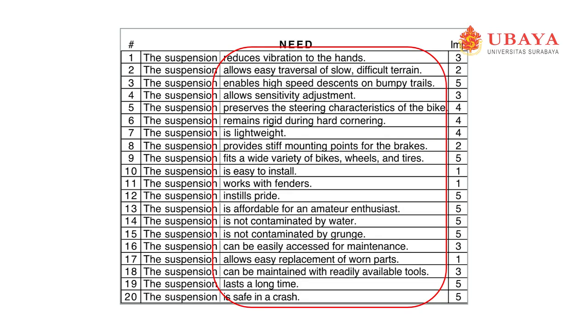So what does it mean if we put 1? Okay, good. 1 is the least important. It means this is not really important. But what if we put 5? Okay, correct. 5 is the most important.